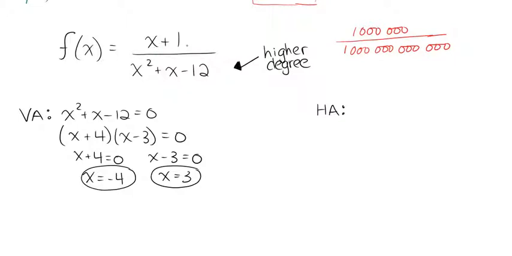On the top, I would have a million and 1 if I want to get real accurate here, which I don't, because it's really not that different than a million. And then if I plug the bottom in, a million squared is a trillion, plus a million, minus 12.